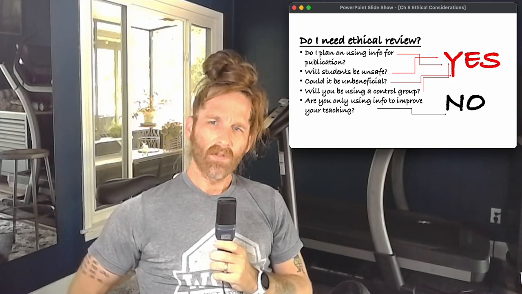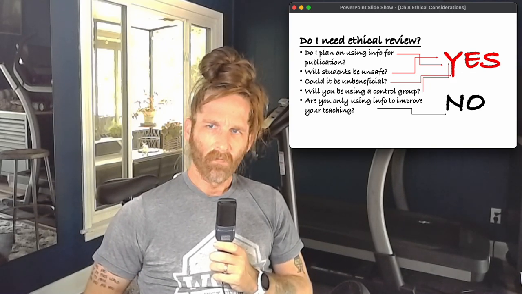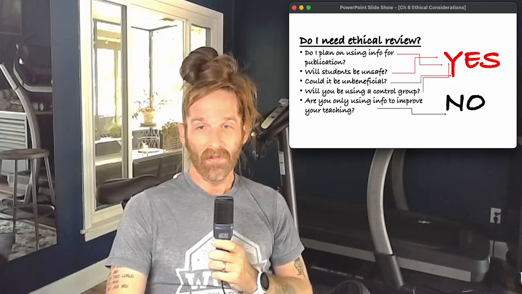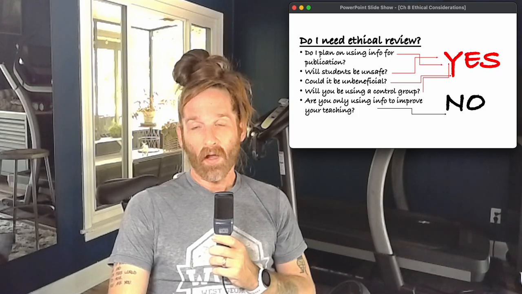Well, perhaps it had gone through IRB because it was grant funded. But even still, I didn't write that application, even though I was the one collecting the data. So I think my attitude on ethical review has changed quite a bit. When in doubt, go through ethical review.